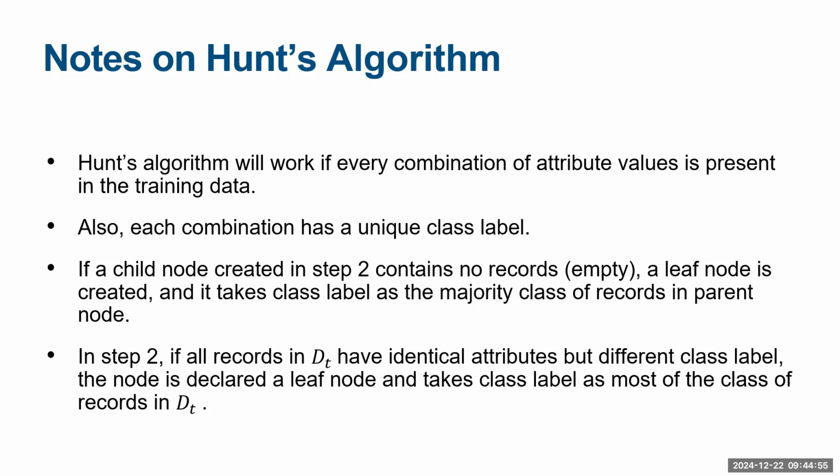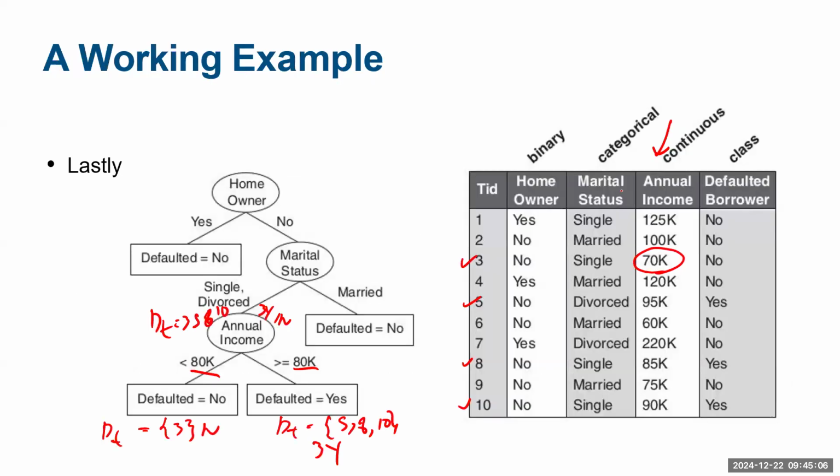Hunt algorithm will work if every combination of values is present in the training data, right? What does it mean? It means that if there are more than 3 marital statuses, for example, a new status coming up in your test data but it's not in your training data, then there's nothing you can do about it.